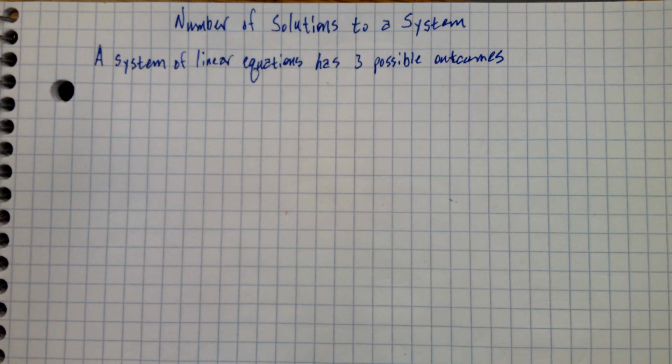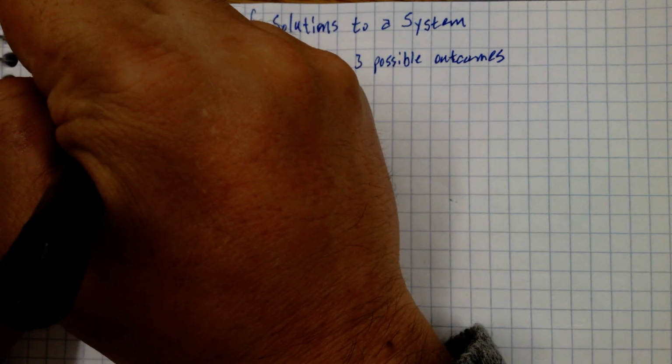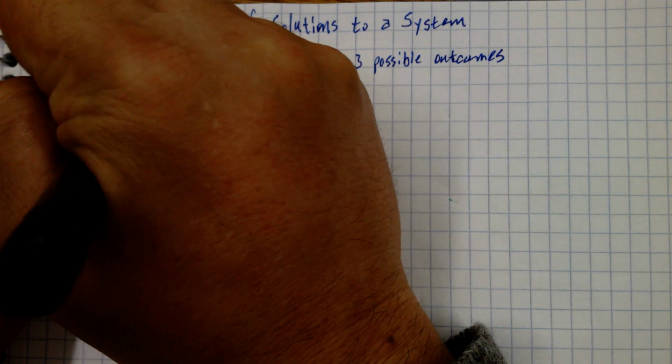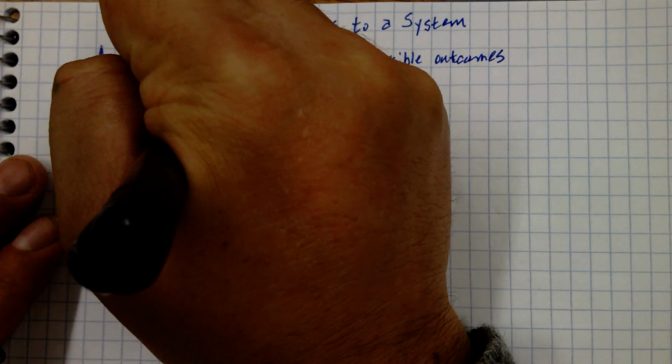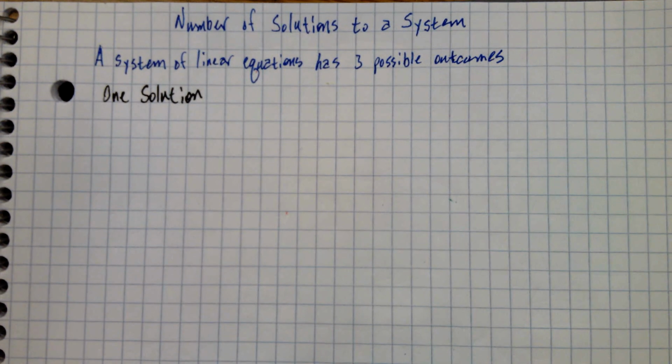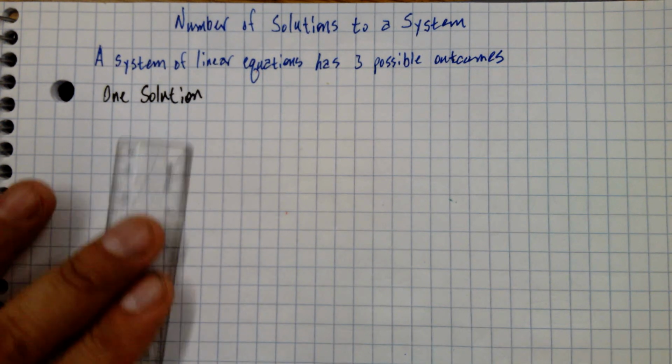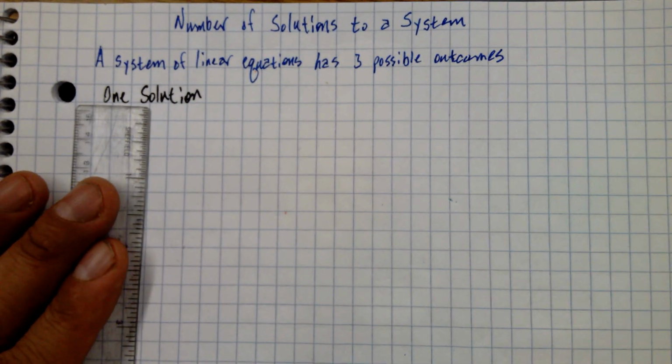And so this is when you have two unknowns, x and y, which means we have two equations. Okay. We can have the most common outcome, which is one solution. And let's make a quick little coordinate plane grid.